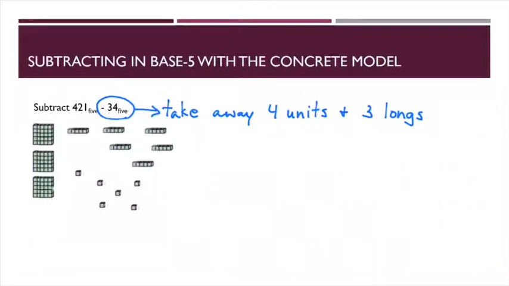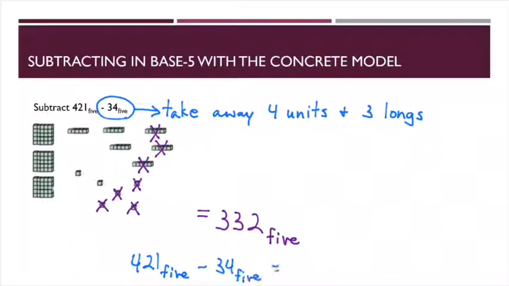So I'm just going to mark them out here. There are the 4 units that we're taking away, and there are the 3 longs that we're taking away. And let's see what's left. What's left is 3 flats, 3 longs, and 2 units. And don't forget to label it base 5. So we see that 421 base 5 minus 34 base 5 equals 332 base 5.